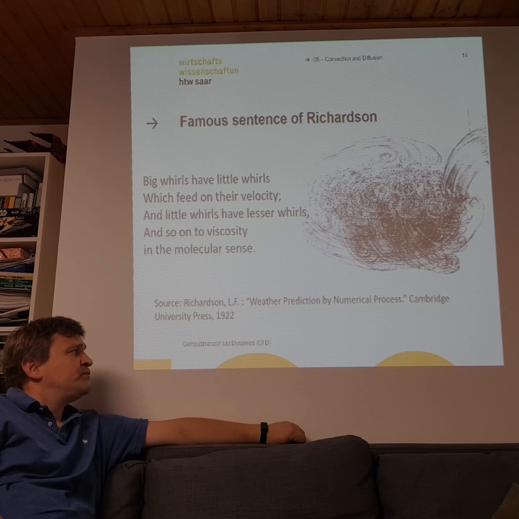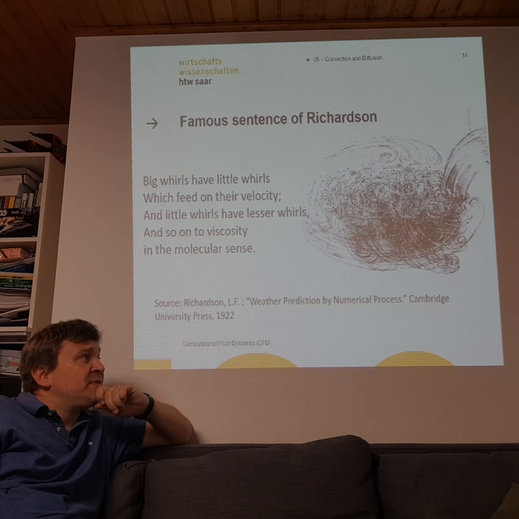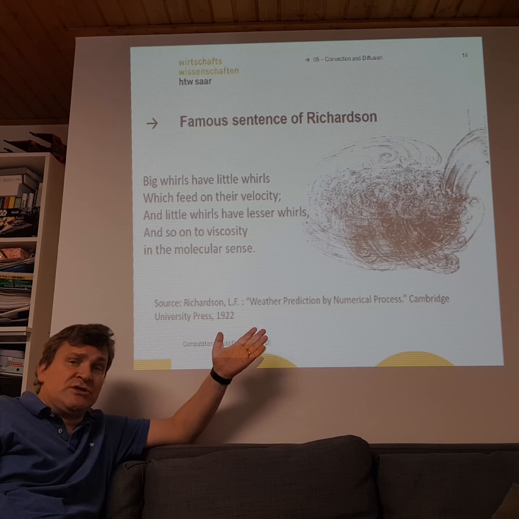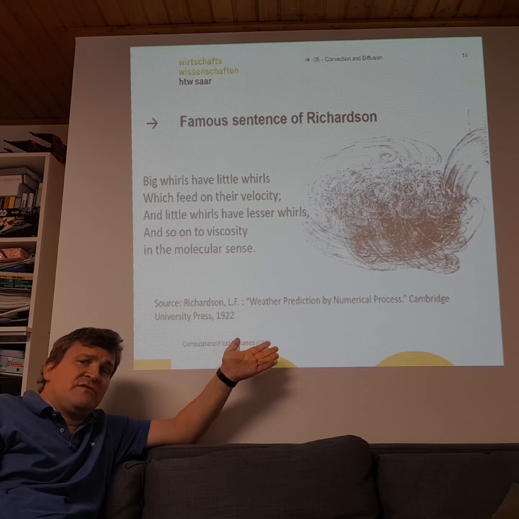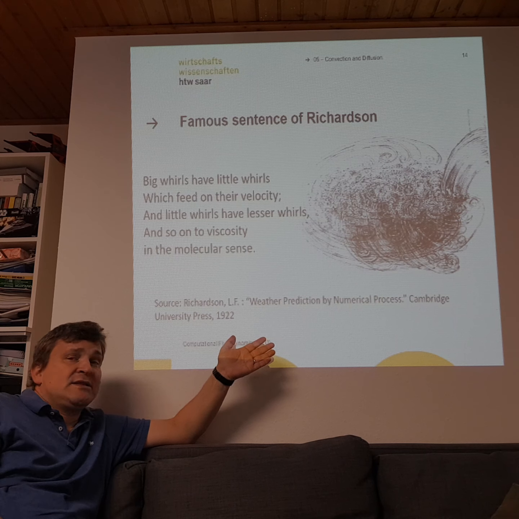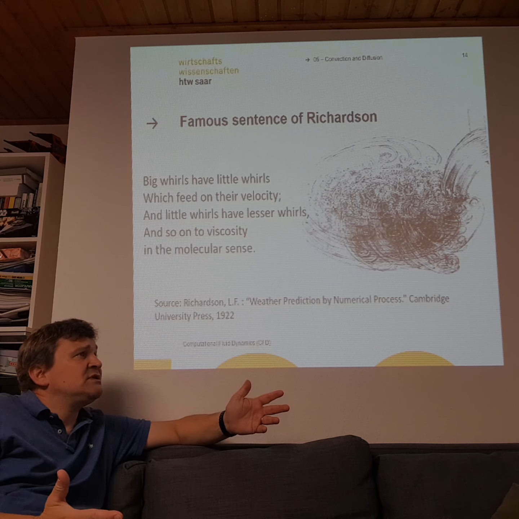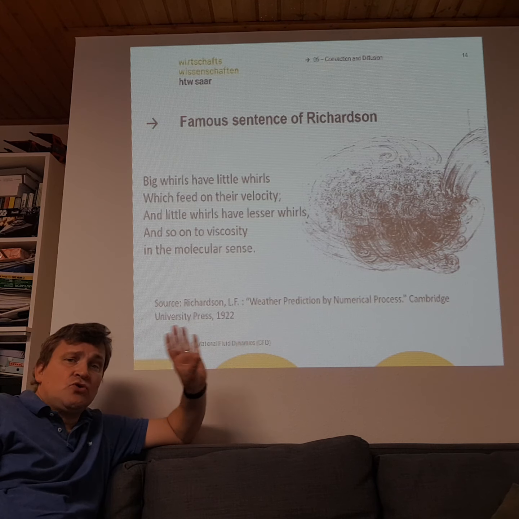And this picture is also a really famous picture. I have not cited it, but it's taken from a sketch of Leonardo da Vinci. Leonardo da Vinci was really interested in fluid flow problems, and he was also interested in building airplanes, even in this time. And he was also interested in turbulence.